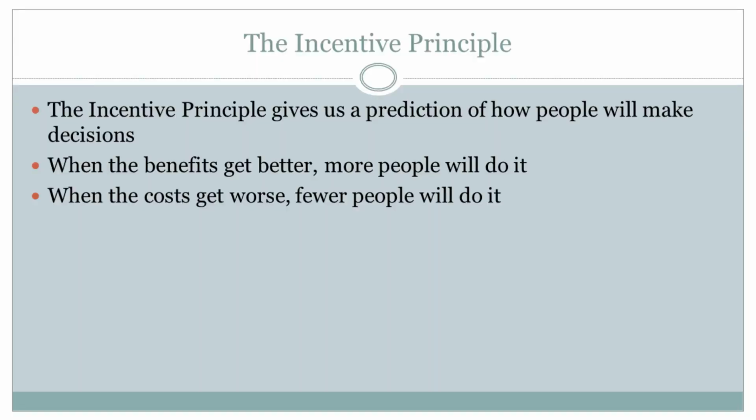So in addition to the cost-benefit principle, which tells you how you should be making decisions, we also have the incentive principle, which tells you how people do make decisions. And again, just like the other two, this one is fairly common sense. All it basically says is, if you want people to do something, you need to improve the incentives for doing it, right? People follow incentives. They're making decisions on the basis of the incentives that are available to them.